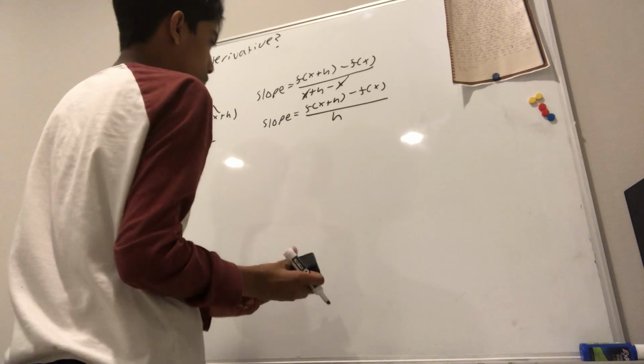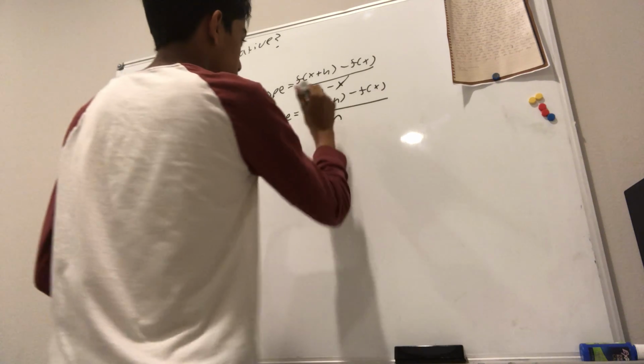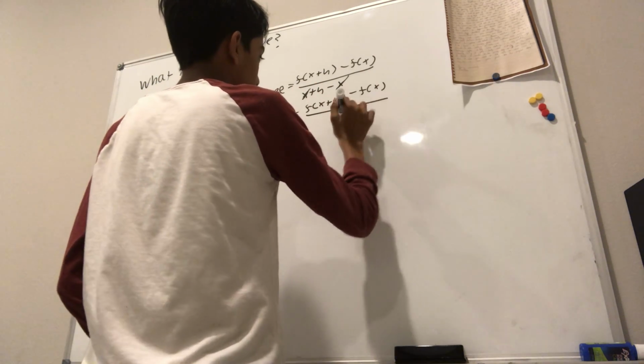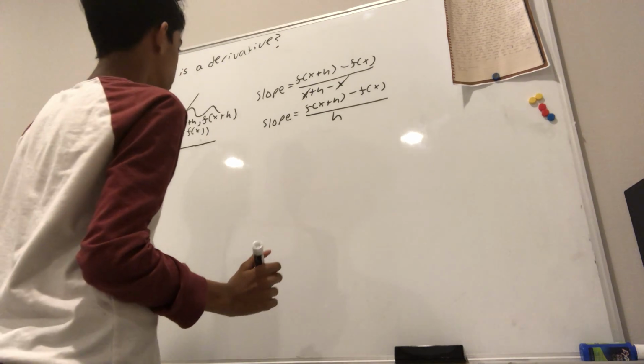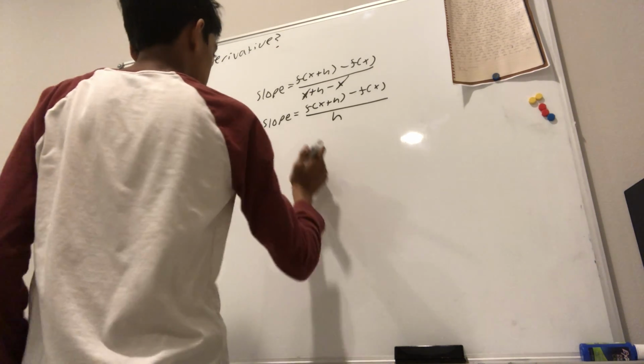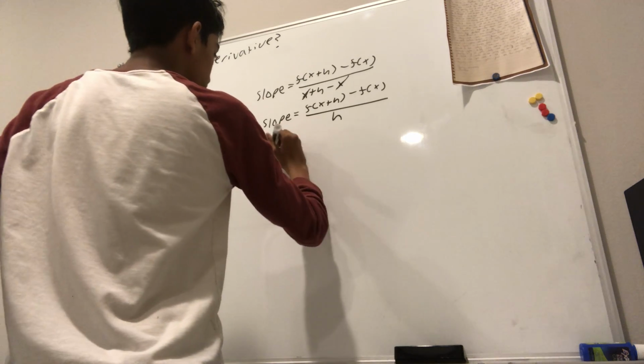So we have this slope, which is equal to f of x plus h minus f of x over h. So what if we wanted to understand the difference between the derivative and the slope? For the derivative, you take the limit.